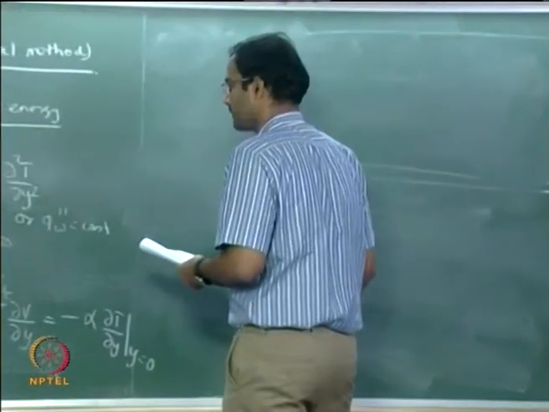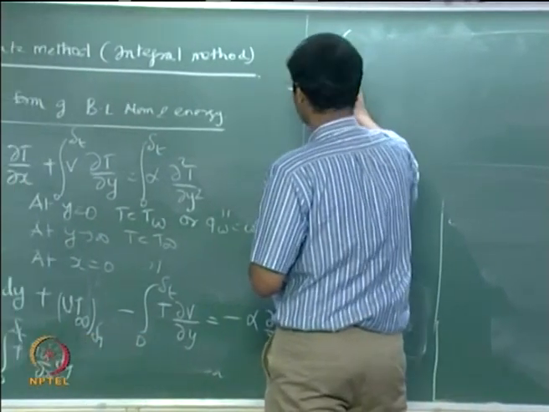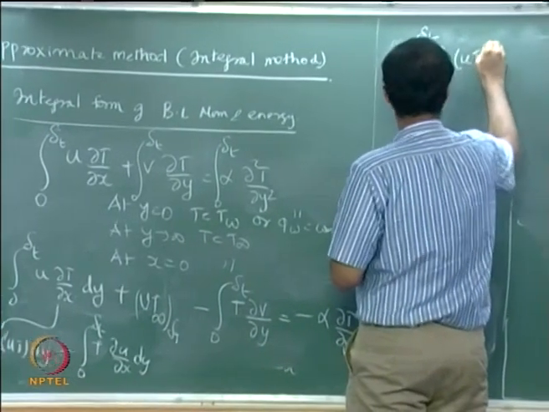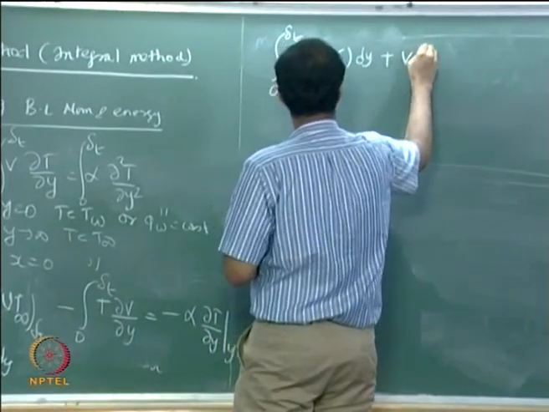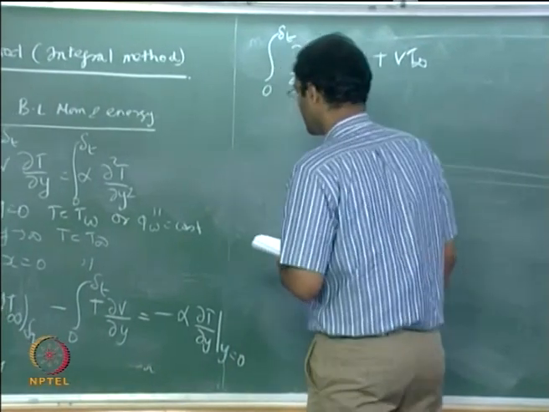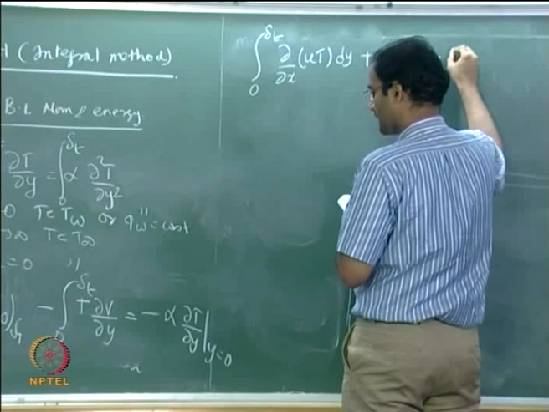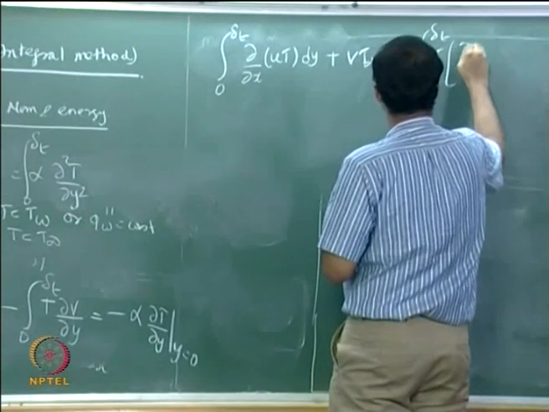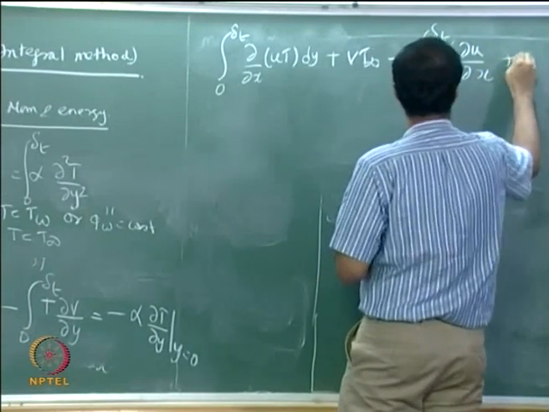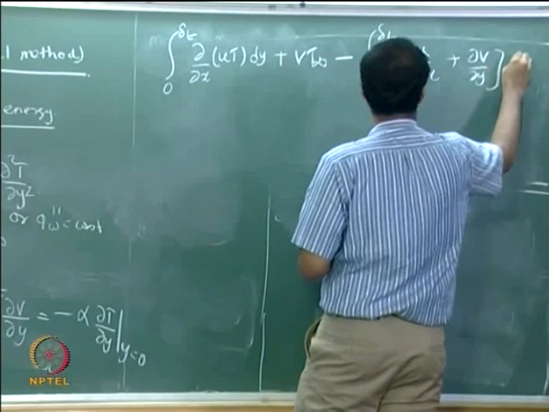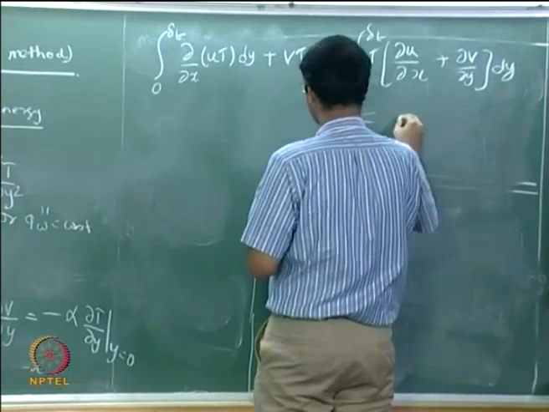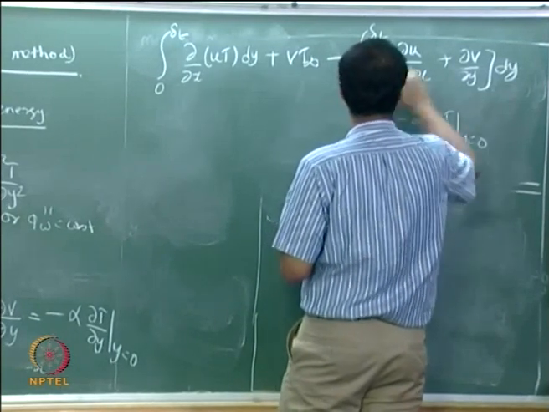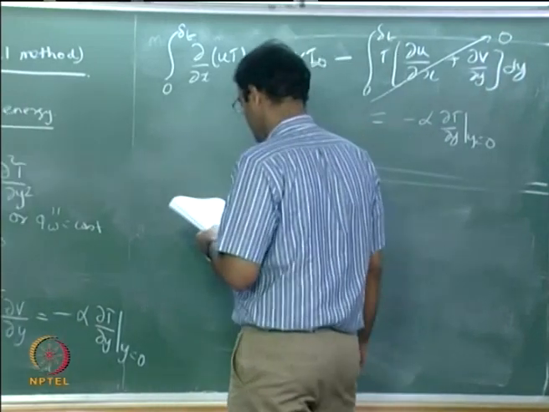Therefore I can write this as integral 0 to delta T of d by dx of uT dy plus vT infinity, minus, taking 0 to delta T common, du by dx plus dv by dy, equal to minus alpha dT by dy at y equal to 0. And this also satisfies continuity, so this goes to zero.